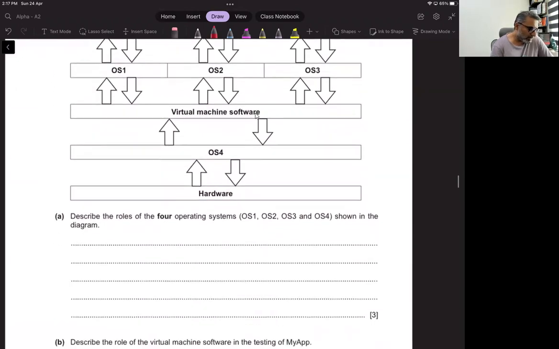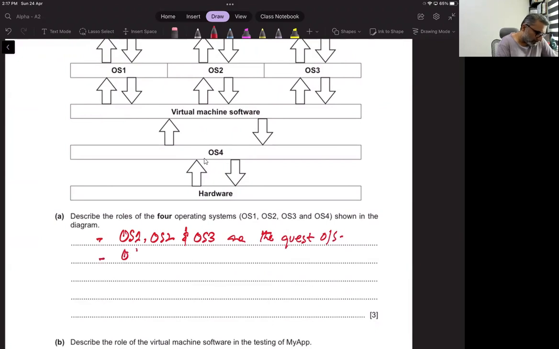All right, describe the role of the operating system OS4, and OS1, OS2, OS3. I told you that these 1, 2, 3 are guests, and this OS4 is basically the host. So OS1, OS2, and OS3 are the guests, whereas OS4 is the host. Operating system.